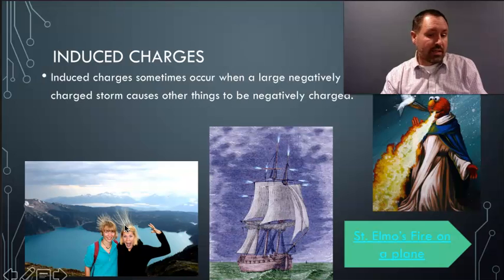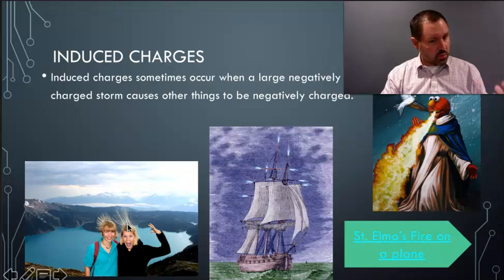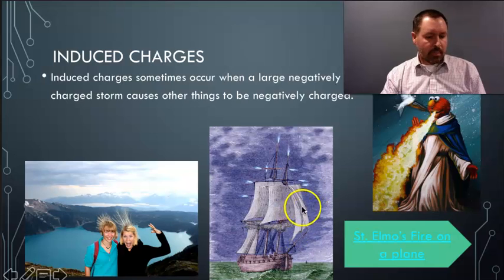They don't realize that they're actually in quite a bit of danger right there for lightning. But they can feel the induced charge of the storm coming nearby. And this actually happened a lot on old sailing ships, that it would make kind of like little sparks at the very end of their sailing ship, and that's an induced charge from a thunderstorm.